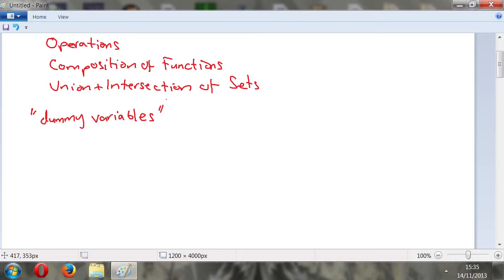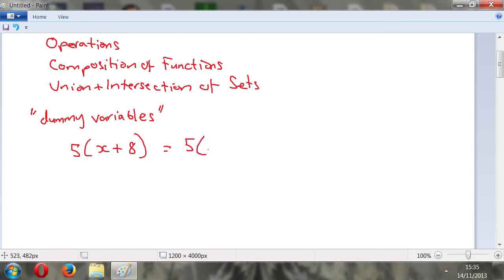For instance, if we had 5x plus 8, the dummy variable there would be x. And keep in mind that this notion of the dummy variable means that it's a universal definition.